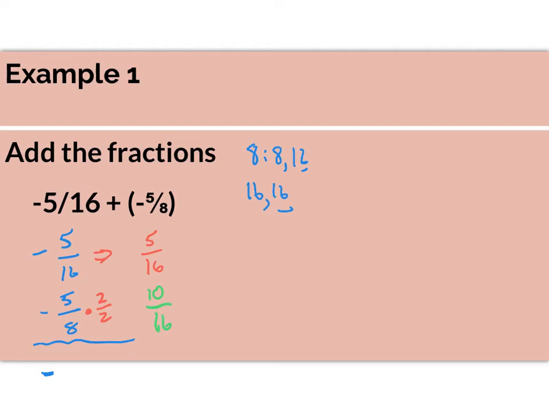Now that both of these fractions have the same bottom, we can add. The bottom stays the same when you add and subtract fractions, but the tops change. Since they're both negative, we know to add. So 5 plus 10 gives us 15. So the answer is negative 15/16.